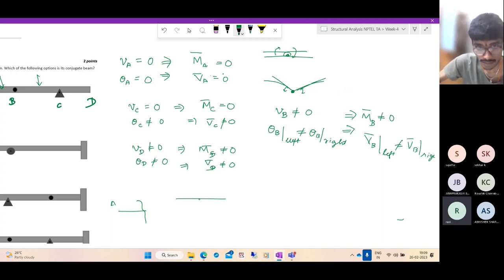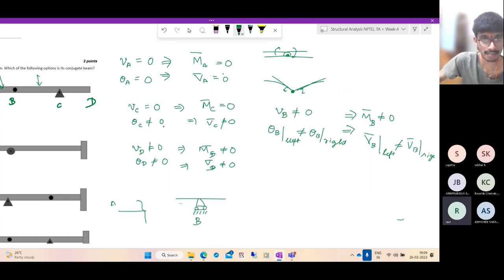So B means we have an intermediate support. If there's an intermediate support, then there's a concentrated reaction force, which creates a jump in the shear force. Left-hand side and right-hand side are not the same, but the bending moment will be non-zero and continuous. So it deforms something like this.